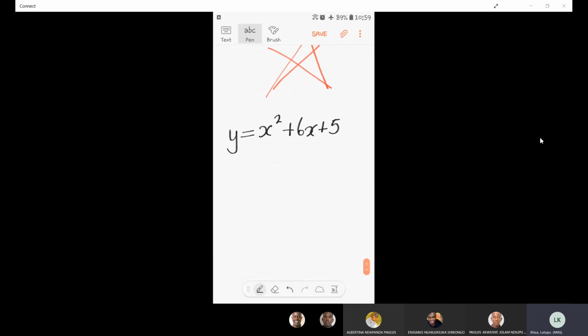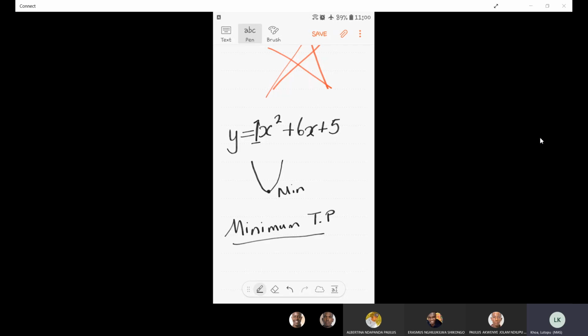So with our shape, here the coefficient of x squared is 1. So this parabola will open upwards because 1 is greater than 0. Then this point here is a minimum, so it has a minimum turning point. So we look for our minimum turning point.